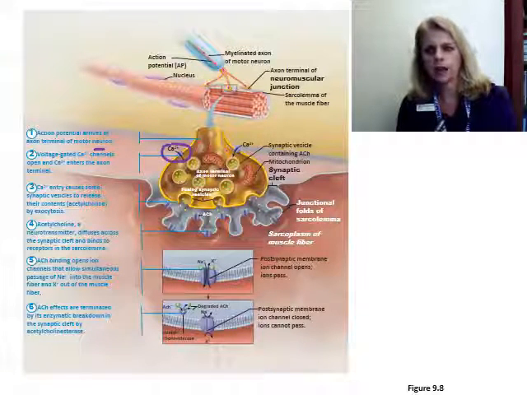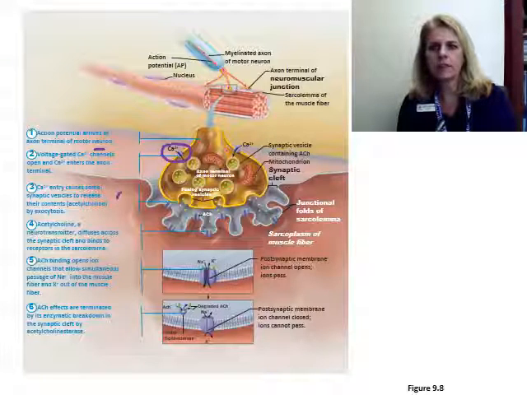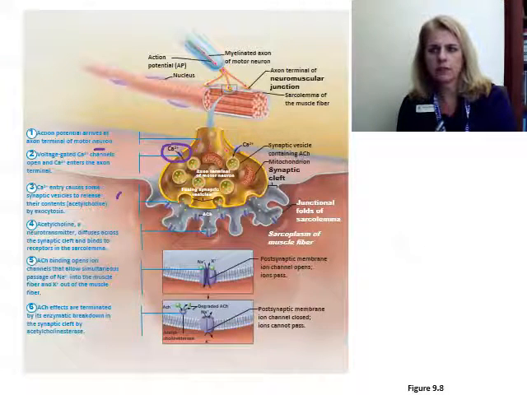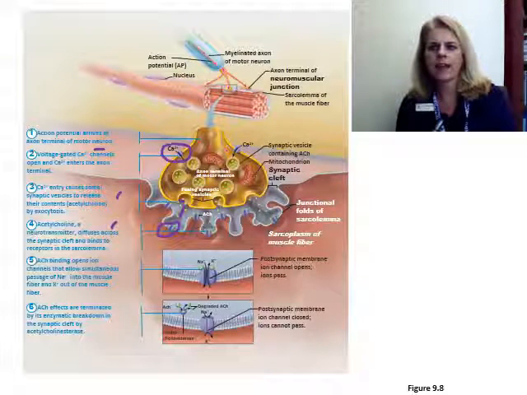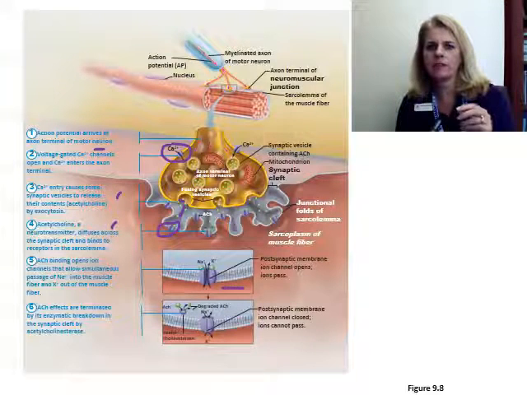Calcium floods into the axon terminal, causing the release of acetylcholine by exocytosis into the synaptic cleft. Acetylcholine, which is the neurotransmitter, will diffuse across the cleft and bind to its receptor. Okay? When acetylcholine binds to the receptor, this is a ligand-gated channel. That means once it's been bound by the acetylcholine, by the ligand, it opens.